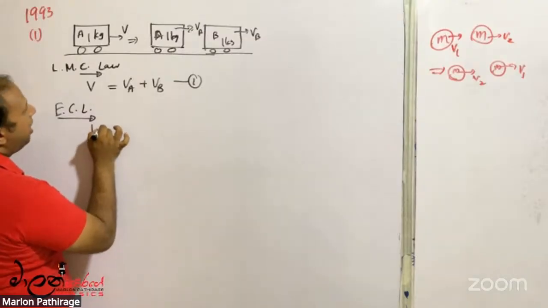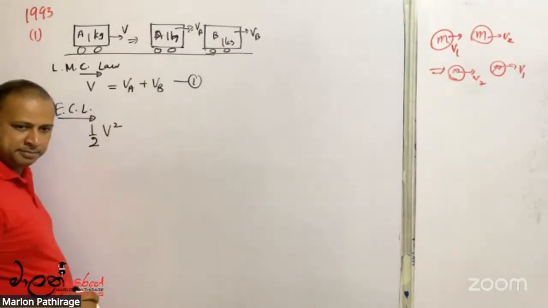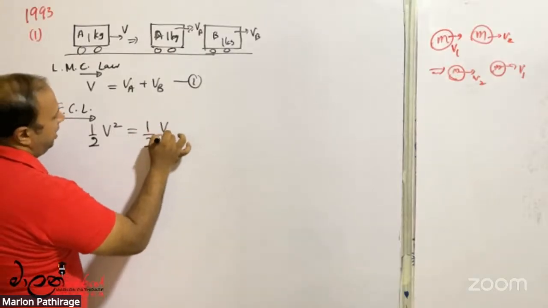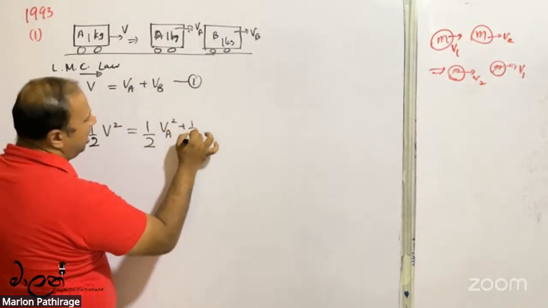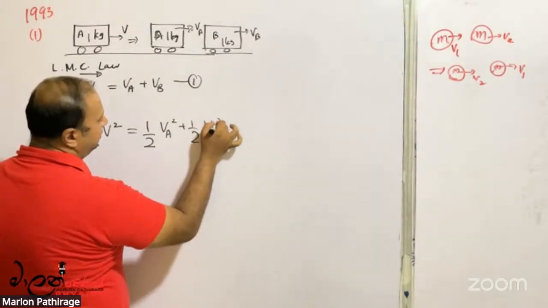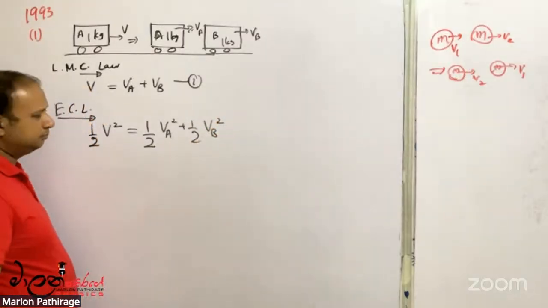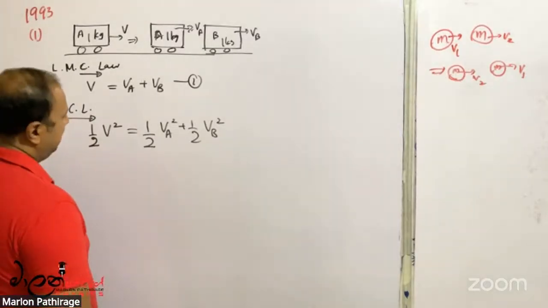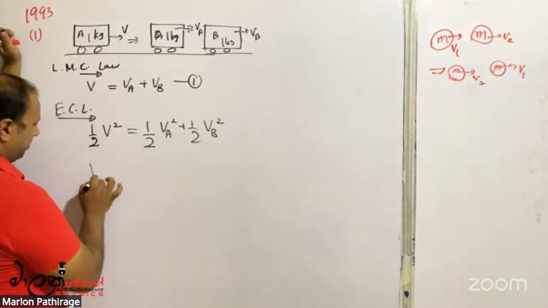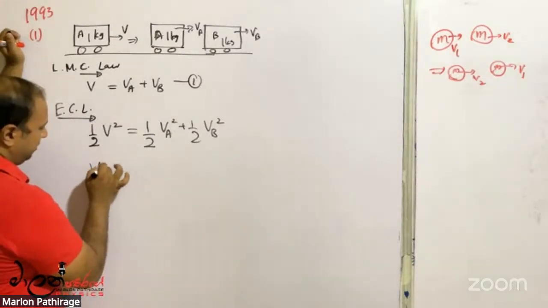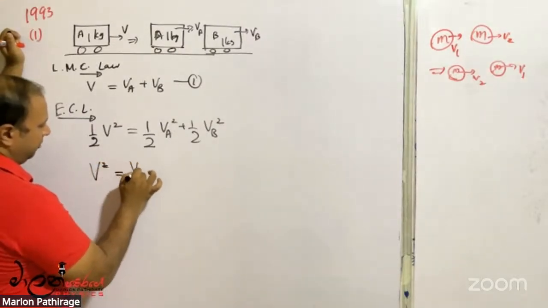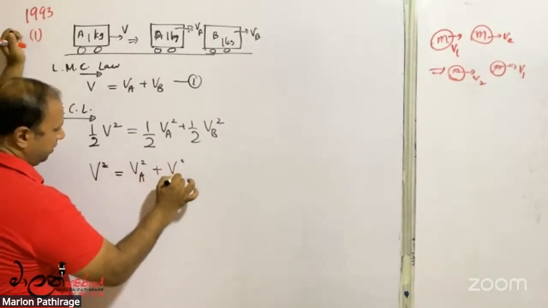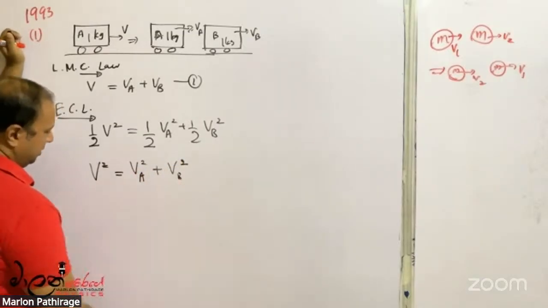That means half v squared is equal to the final energy, half va squared plus half vb squared. Therefore, v squared is equal to va squared plus vb squared.